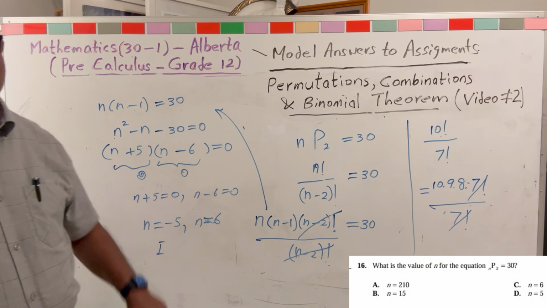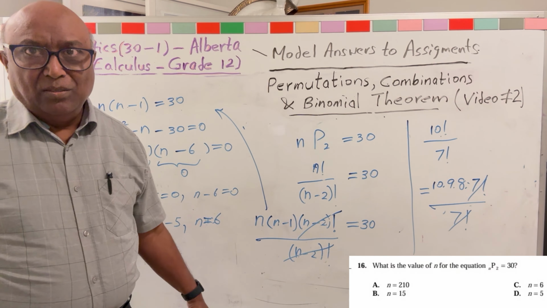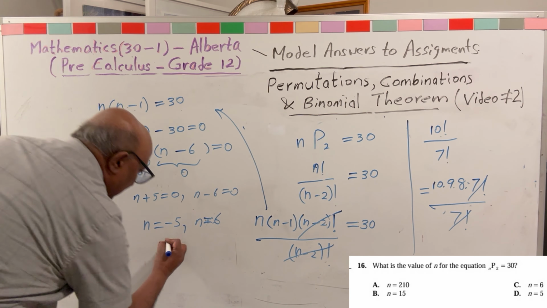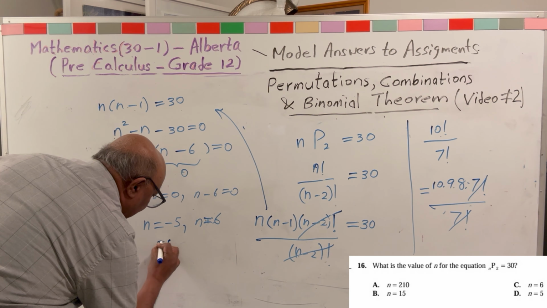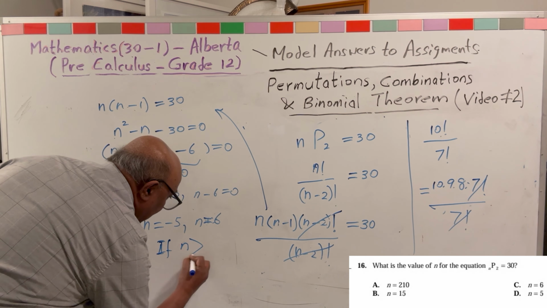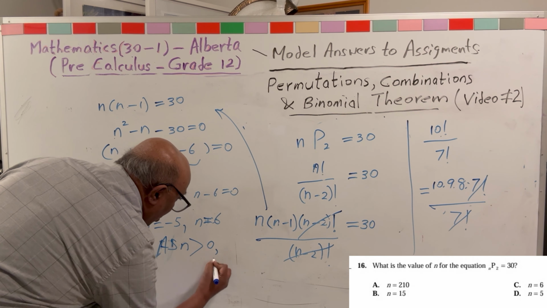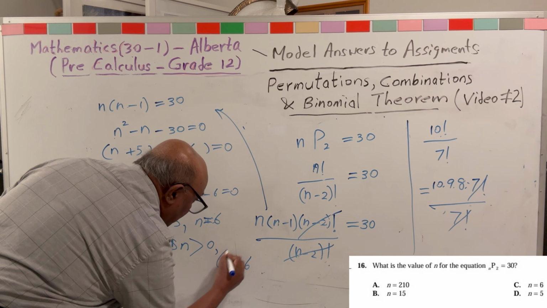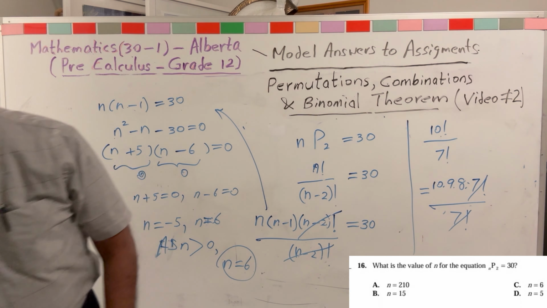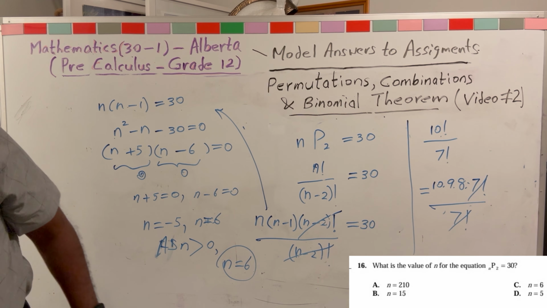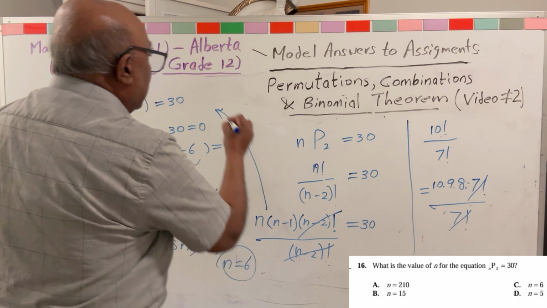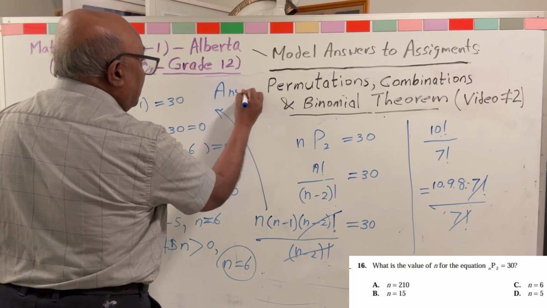Once you find the answer, just mark the answer. For your knowledge, this is the reason. If it is a written type question, you have to provide the reason. As n is positive, n is equal to 6. Okay, that is the right answer. n is equal to 6. The answer is C.